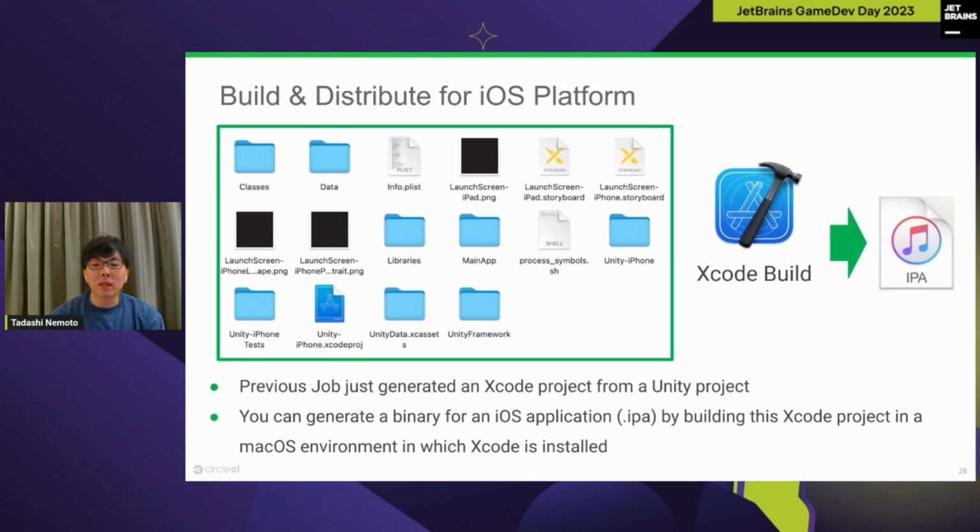If you want to get a binary for iOS applications, which is an .ipa file, you have to build this Xcode project in a macOS environment in which Xcode is installed. Therefore, in the next job, we will build this Xcode project in a macOS environment.